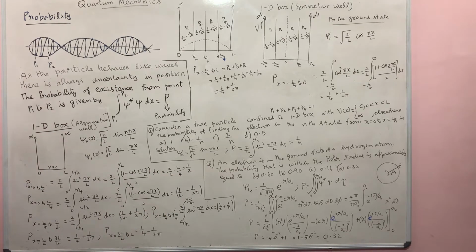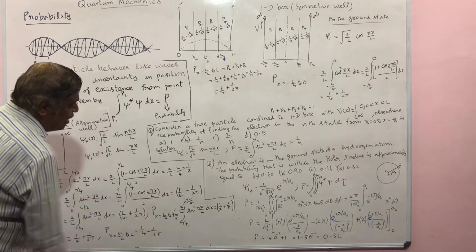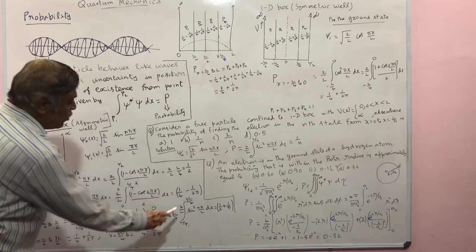Similarly, you can calculate the probability of finding the particle between the limits x equal to 0 to L by 4. The lower limit is 0, the upper limit is L by 4. You repeat the same procedure, and the result is 1 by 4 minus 1 by 2 pi.